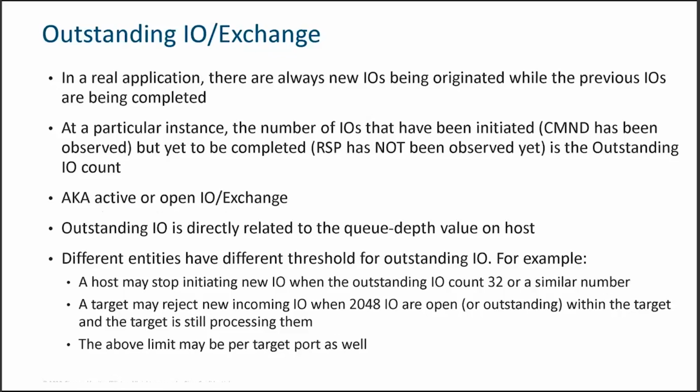They may have a limit per port, and they may have a limit for the overall storage array. So if for some reason you are hitting that limit, let's say there are 2,000 open exchanges in a storage array and it cannot do more, at least we know what the problem is. Those kinds of issues we can solve using the outstanding IO metric.